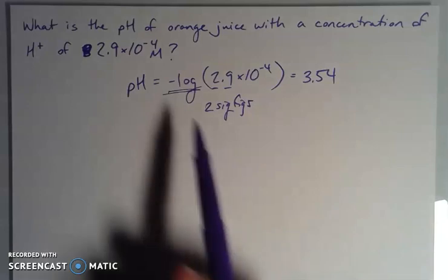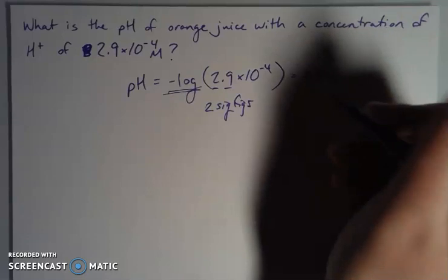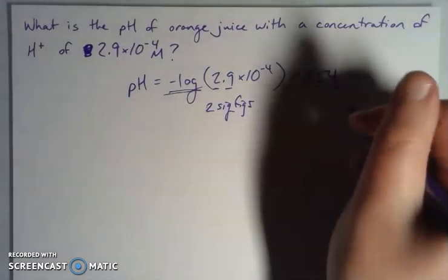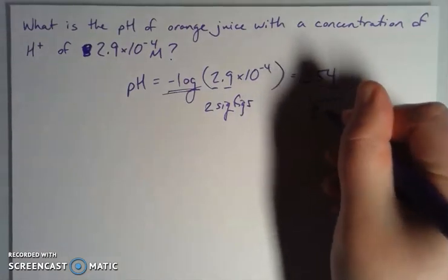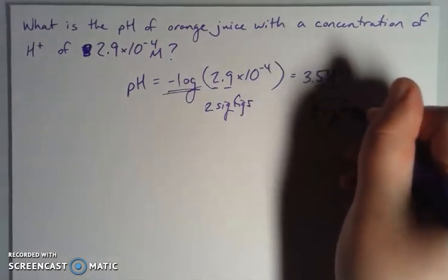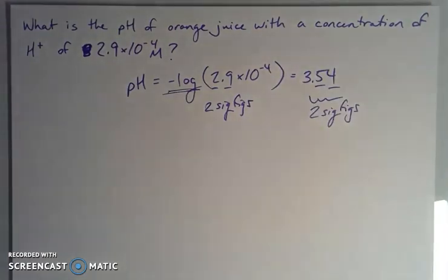So for sig figs for logarithms, it's all about the number of decimal places. So these decimal places here give me 2 sig figs as well. So I look at 3.54, and now I go against every rule I've ever taught you, and now we have 2 sig figs in that thing. So it's just a quirky thing about logarithmic calculations.